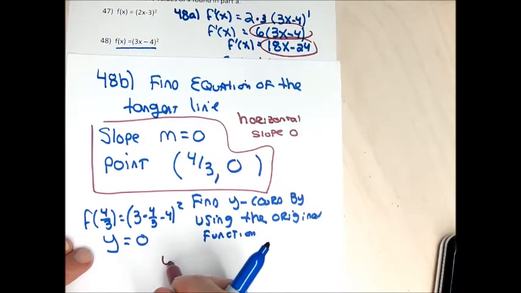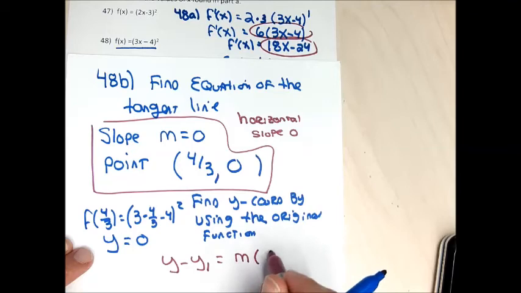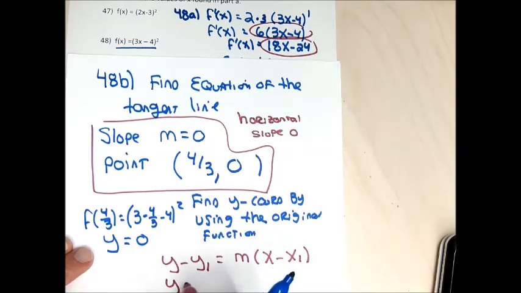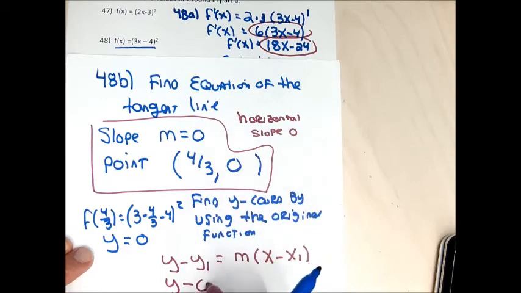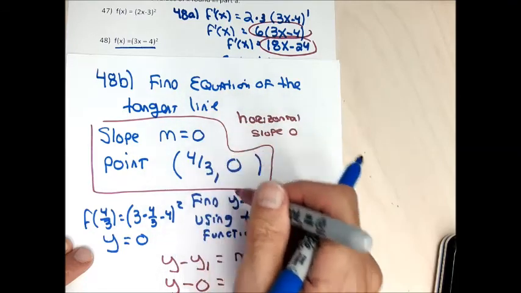Now to find an equation of a line, I'm going to use the y minus y1 equals m times x minus x1 formula.